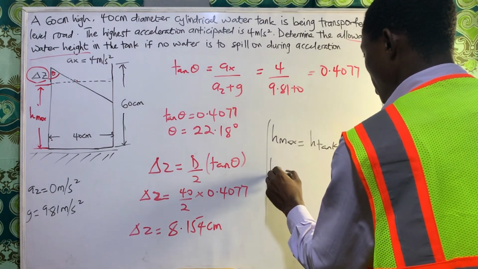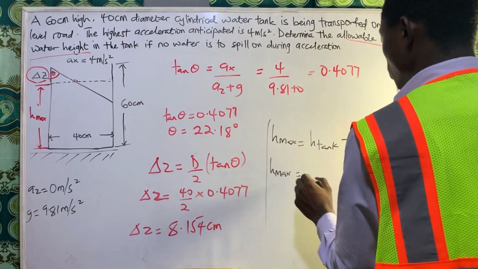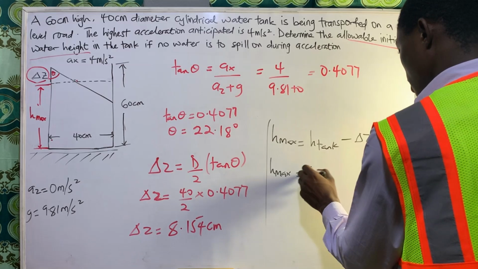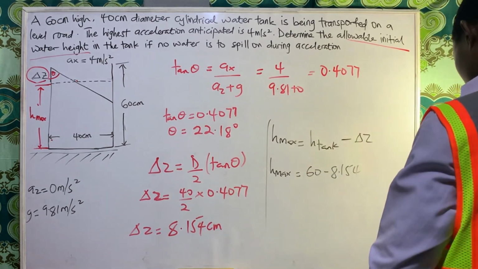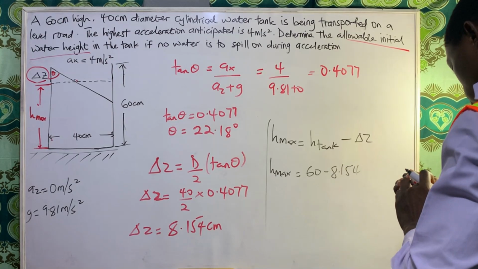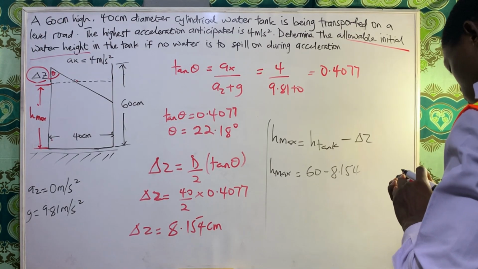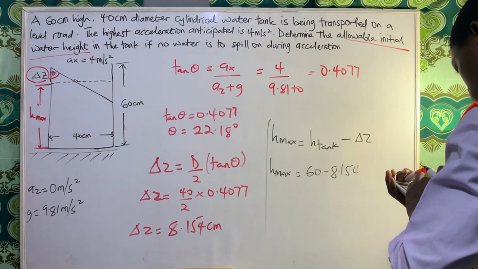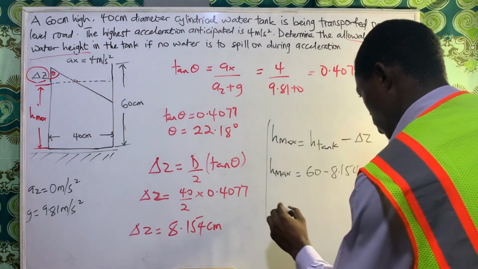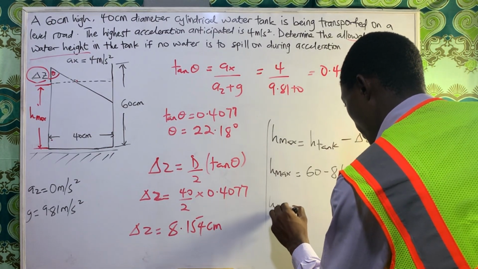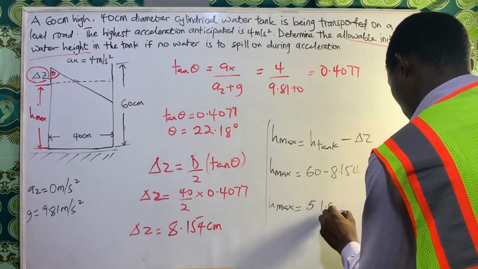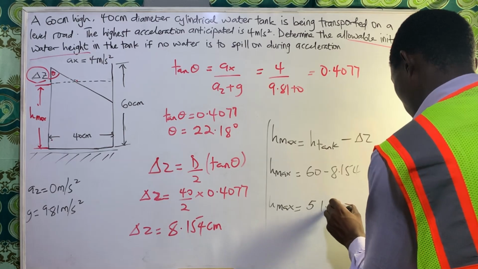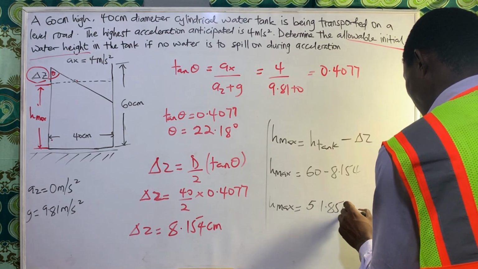So H max is equal to 60 minus 8.154, which is 51.85 centimeters.